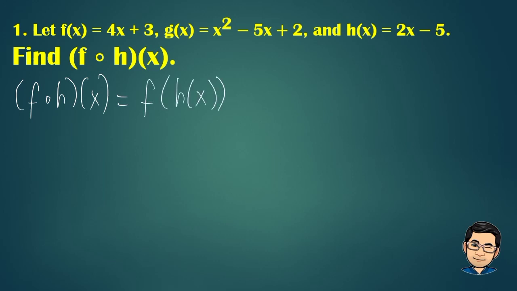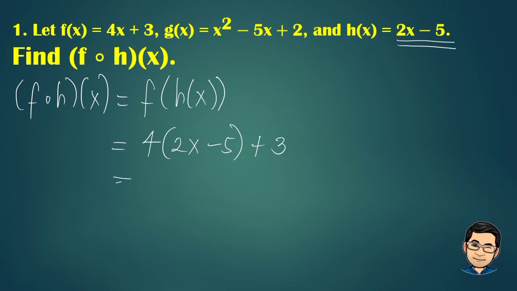Okay? So, yung h of x natin, which is 2x minus 5, yun naman ang isa-substitute natin dun sa given function of f of x, which is 4x plus 3. So, 4 times 2x minus 5 plus 3.